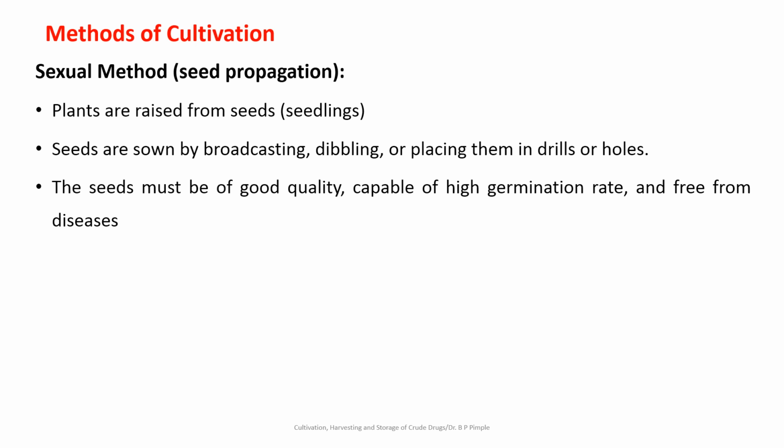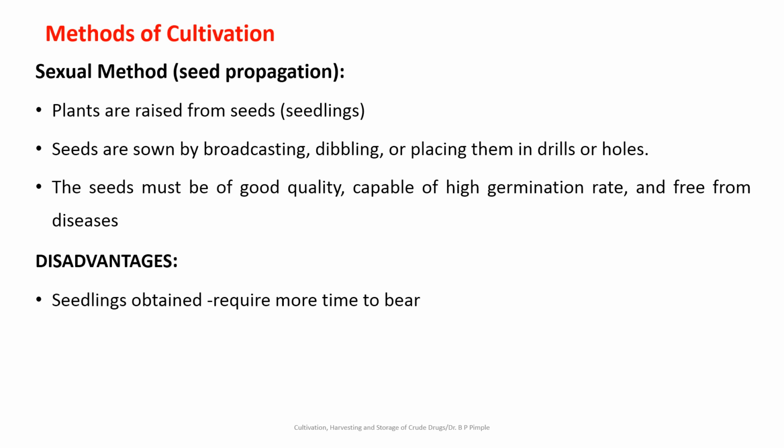The seeds should be of good quality so as to get a considerable germination rate, and should also be free from certain diseases. There are certain disadvantages associated with this method, like seedlings obtained require more time to bear fruits.